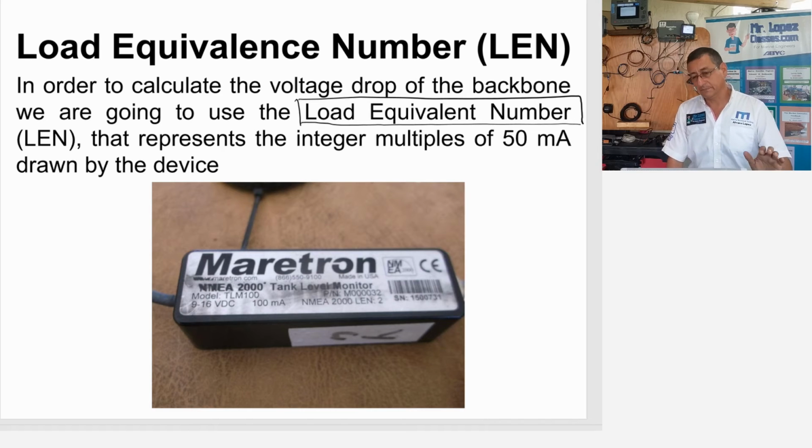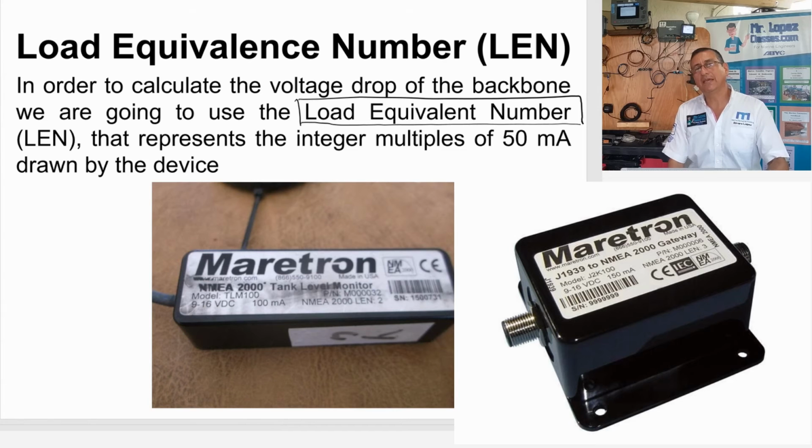What is the meaning of that? We are going to verify on the label of the equipment what the LEN of that equipment is, and according to that LEN, we are going to know if the power of that equipment can be connected directly to the backbone, or if that equipment requires a separate breaker on the DC panel. Let me explain what is the meaning of that.